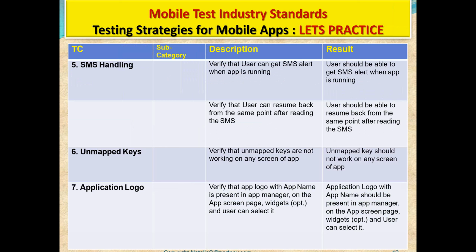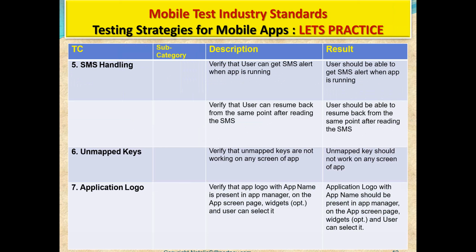had to basically abandon the app and just go to the SMS icon and retrieve our SMS. Right now, most of the devices have a pop-up message on the top, and you have to make sure that in both cases your app is working.